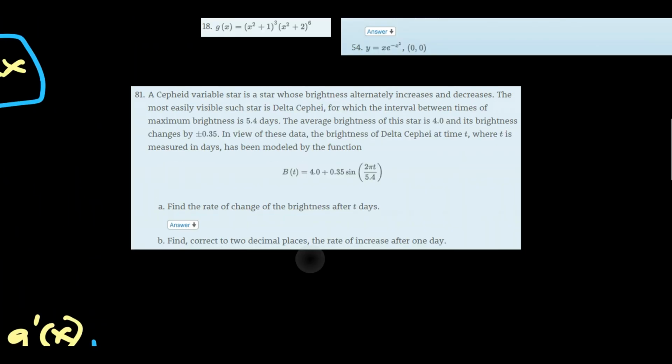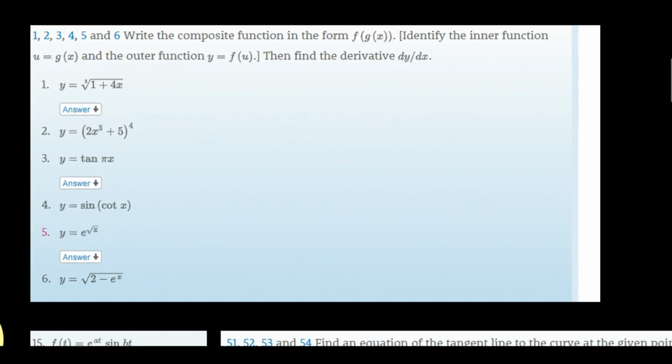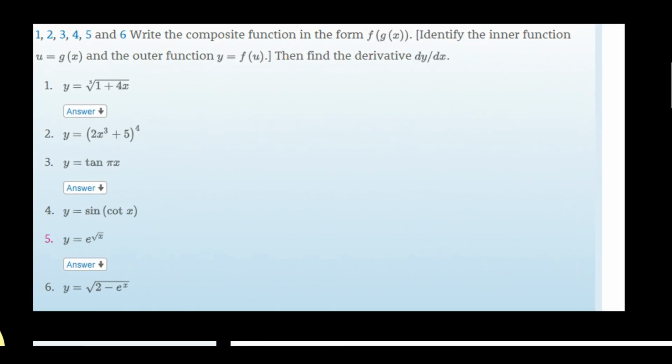Now the homework is going to have problems where they want you to split things up. I've taken a lot of the homework from the book and pasted it here. So we could do this first one. It says write the composite function in the form f of g of x and identify the inner and the outer.